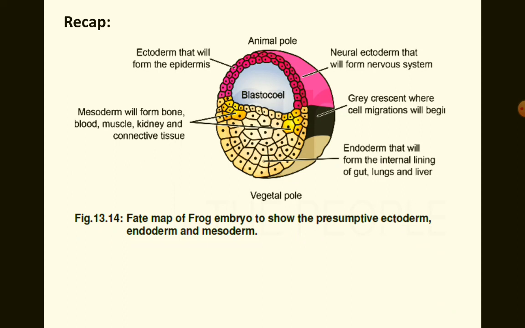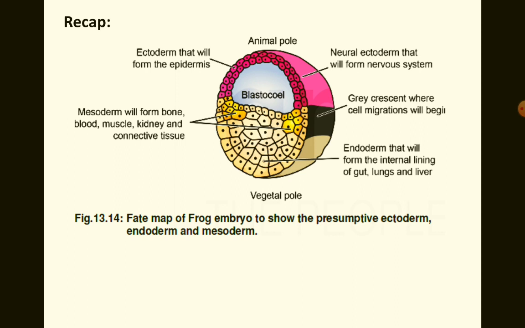Now in our previous sessions we have learned about the structure of blastula, and here is a representative form of a blastula in frog. Just to recap what we have understood so far: a blastula has a single layer of blastomeres, and it encloses a cavity called blastocele.